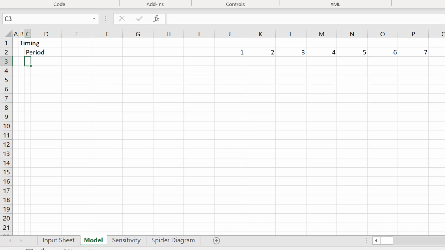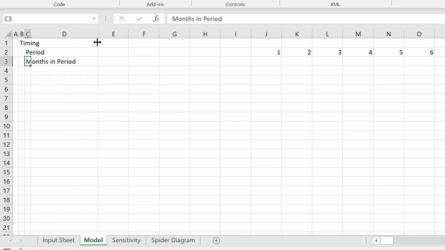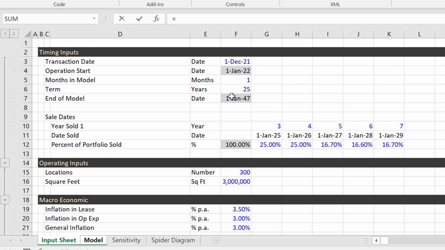And the next thing is let's put months in period. Okay, and let's recognize we're going to have this. Now, I'm sorry, I'm repeating myself a whole lot, if you've watched any of the other videos. But we want to leave extra space here, and we want to grab the inputs, and of course we want to color them.